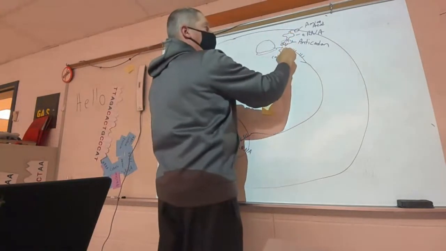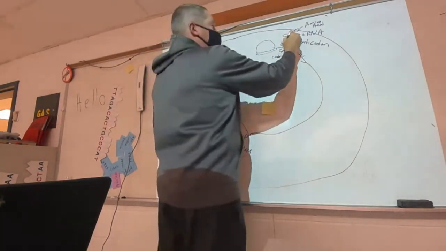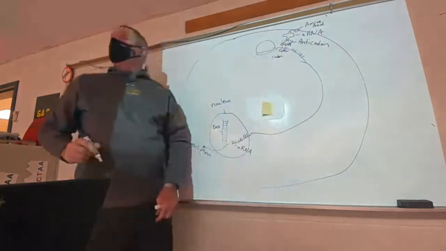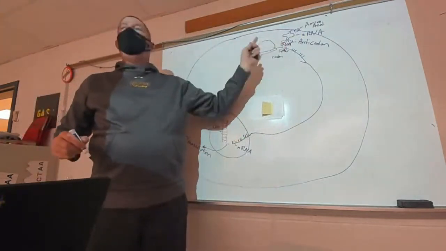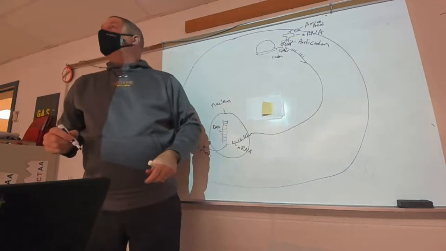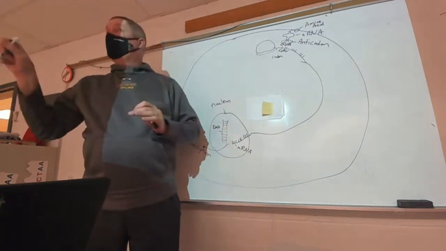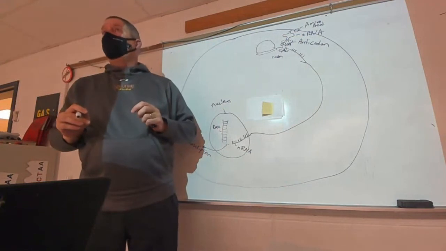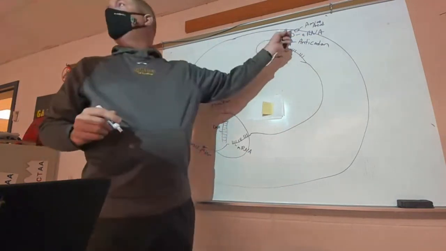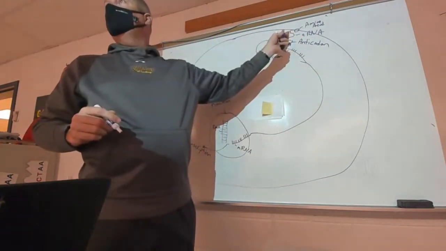U. Good. What goes with U? That would be the anticodon. CAU is the codon. GUA would be the anticodon. If it doesn't match perfectly, like a key in a lock, it doesn't drop it off. Okay? But for our sake, great, it matches.